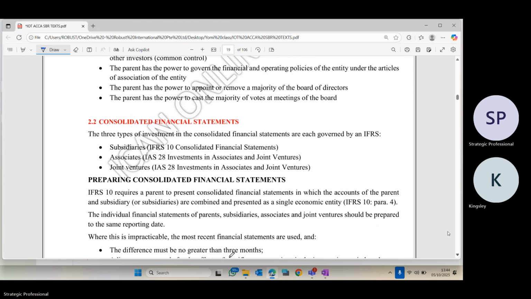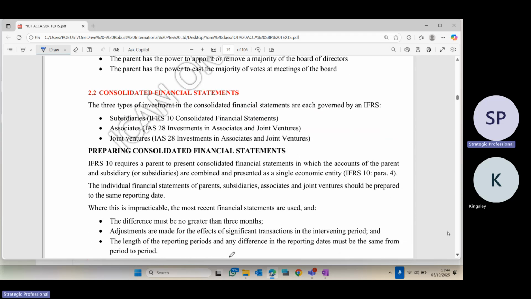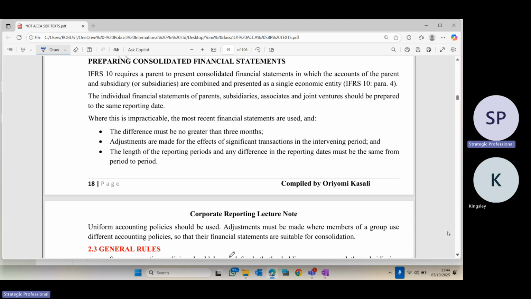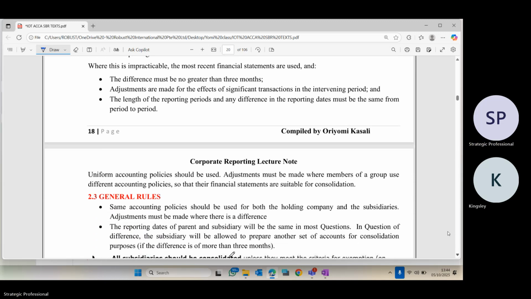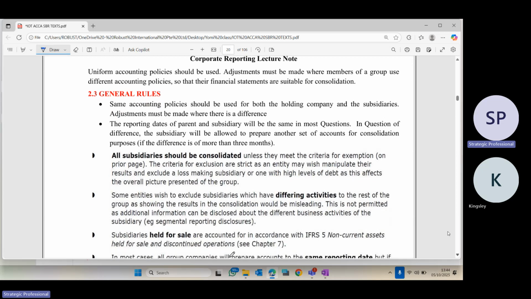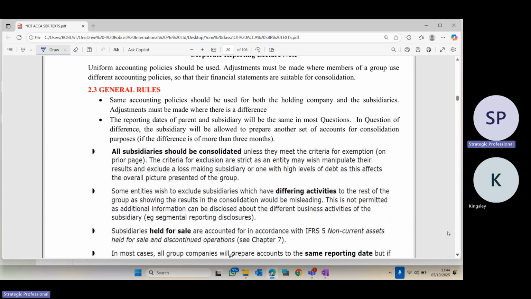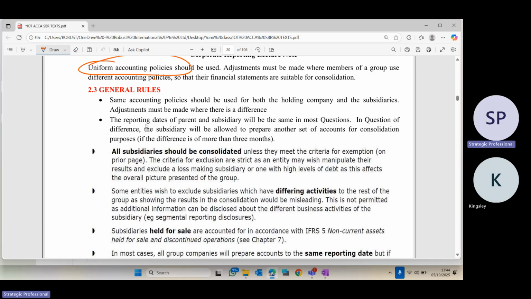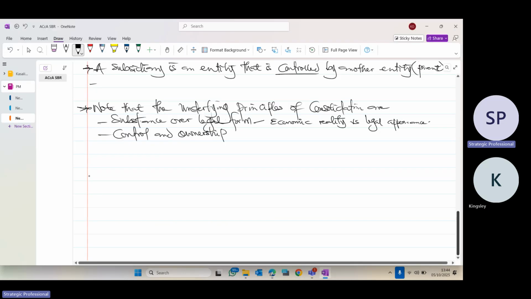Basically, in consolidation, we have discussed the various standards that we have. To consolidate, there are some rules that we have to follow. For an entity to consolidate, one, they must have a uniform accounting policy, which I call the same accounting policy. Both the parent and the subsidiary must have the same accounting policy.